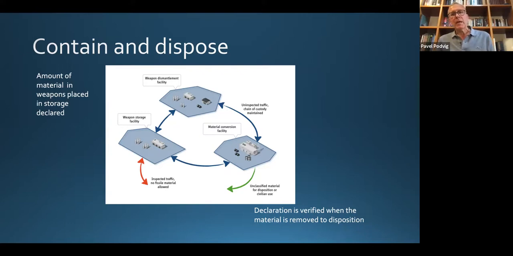So then the perimeter, that red arrow means that after you closed it, whatever comes in or comes out would have to be inspected to make sure that there is no fissile material there. So they're not bringing anything in or out.